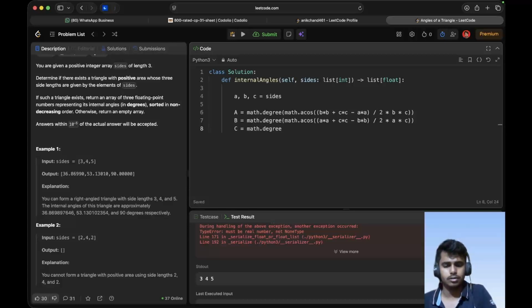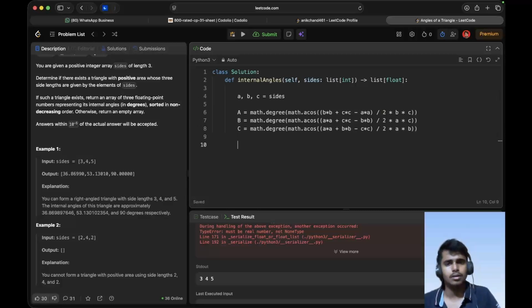For c, math.degrees of math.acos of a into a plus b into b minus c into c, divided by 2 into a into b. Now, first print a comma b comma c, just for testing.